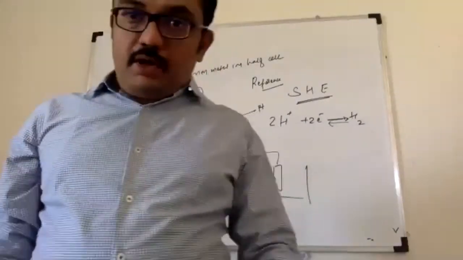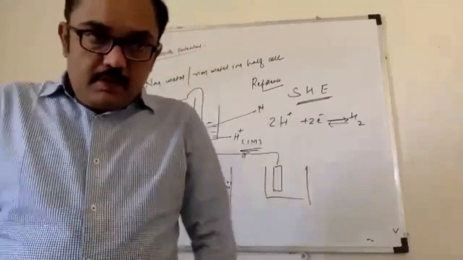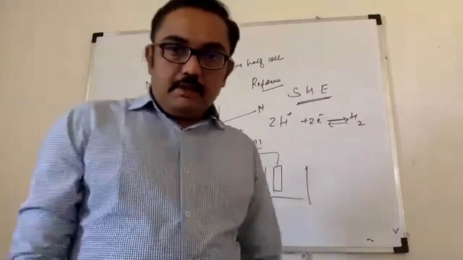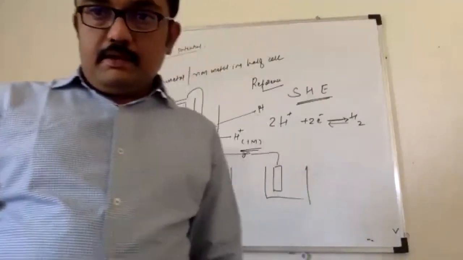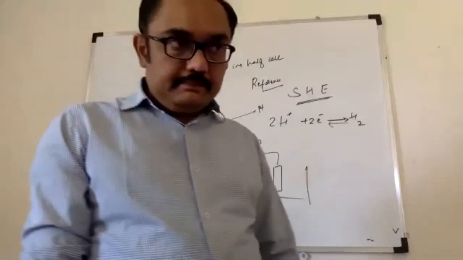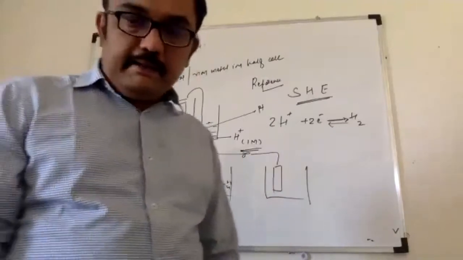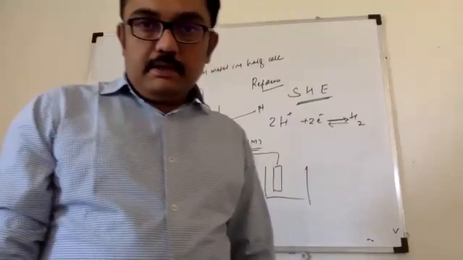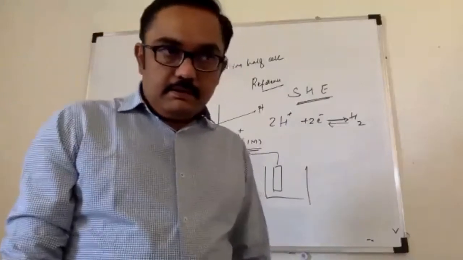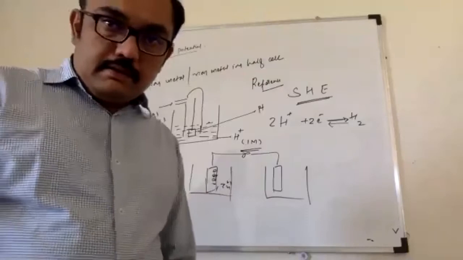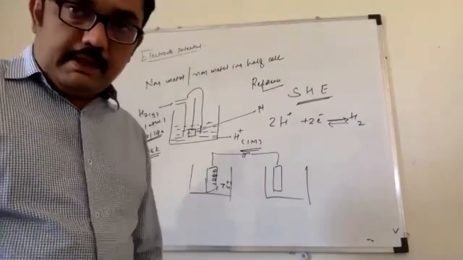Draw the construction of the chlorine gas and the chloride ion half cell, and the electrode is platinum.